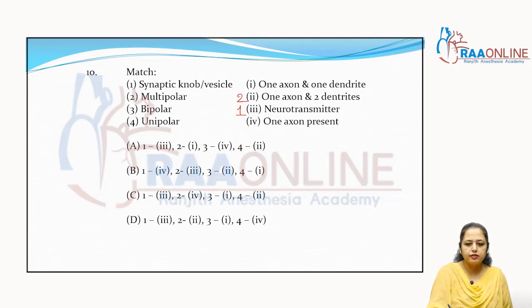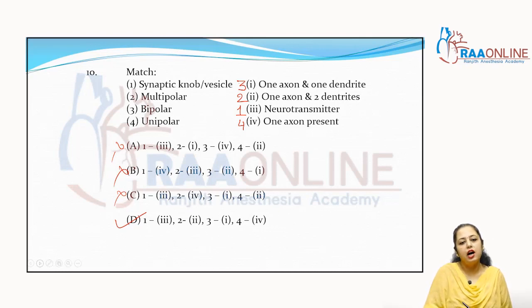Bipolar has one axon and one dendrite, bi meaning two. Unipolar has only one axon. According to that, 1 and 3 are present in all options, so the second option is cancelled. 2 and 2 is present only in D, so the answer is D.